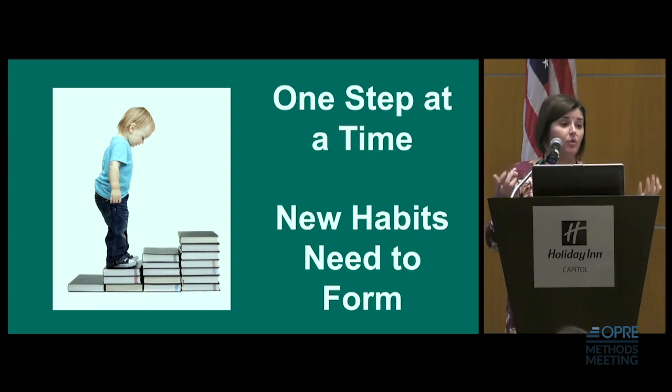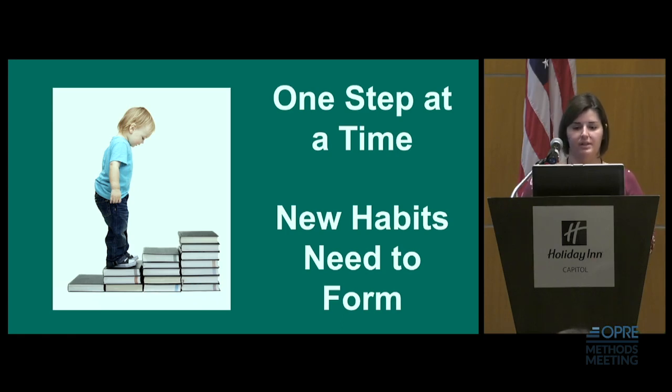So this might sound overwhelming. There's a lot of different choices to make, a lot of different details to think about when you're considering your pre-registration plan. So I do like to emphasize that we shouldn't feel like we have to make these changes all at once, and we could move more slowly and build on the practices that we already have to introduce new practices.